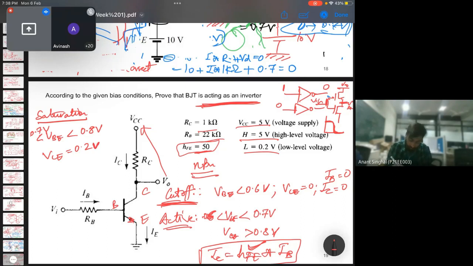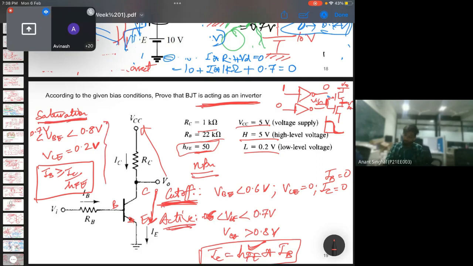For saturation, there is a condition that we need to write, which is IB is greater than IC upon HFE. In saturation, it is as if the whole current is passing through. So these are the three cases: cutoff, active, and saturation. These are the conditions for saturation, this is for active and this is for cutoff. Now we'll try to solve this question and prove that this BJT is acting as an inverter.